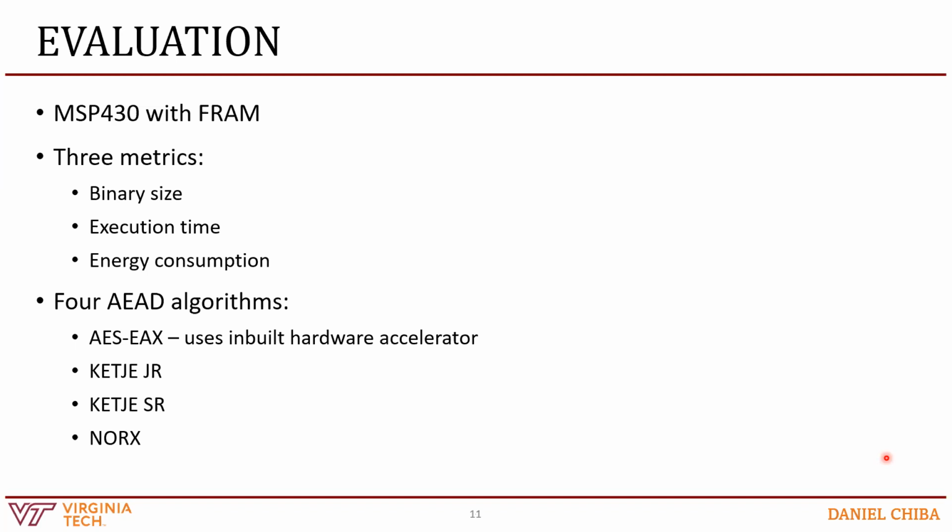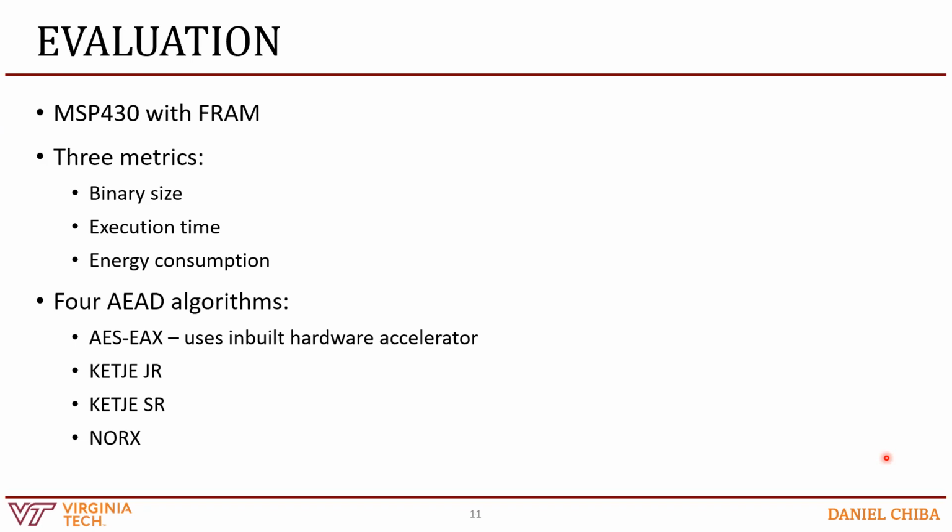Let's move on to evaluation. So they implement this on an MSP 430 with FRAM as its non-volatile memory. They measure three metrics: binary size, which is quite important because even the non-volatile memory of these systems is quite limited, execution time, and energy consumption.